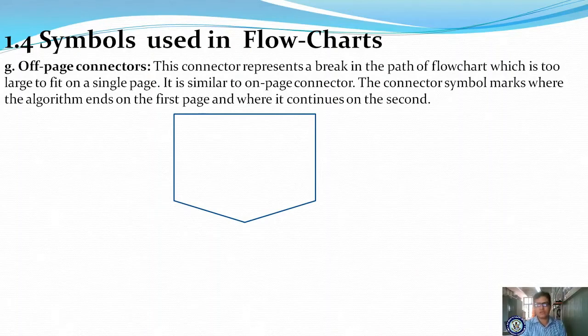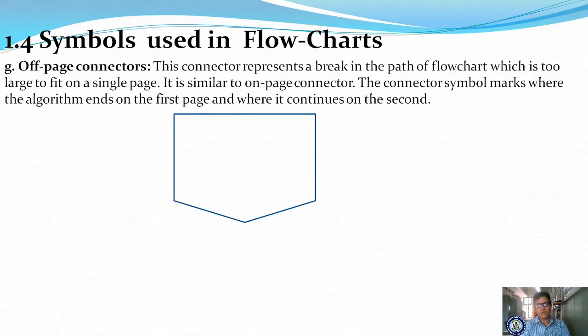The connector symbol marks where the algorithm ends on the first page and where it continues on the second. Whenever you are writing notes, you will write PTO. What is PTO? Please turn over, right?